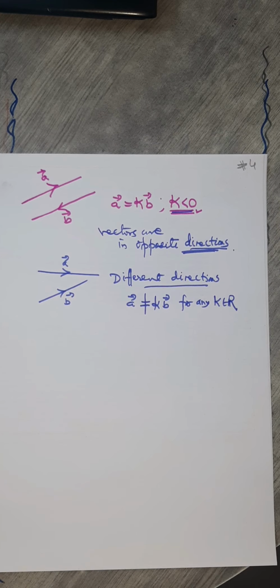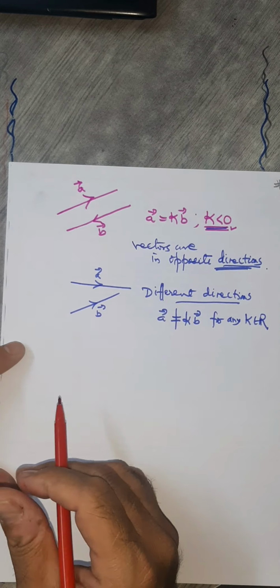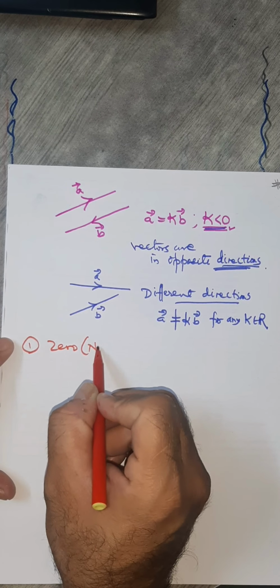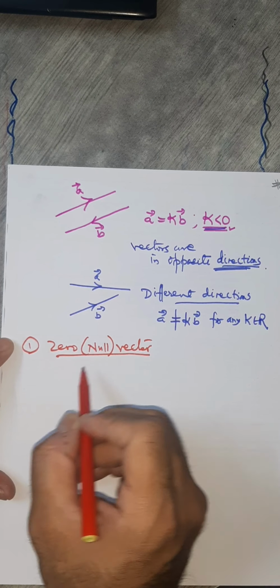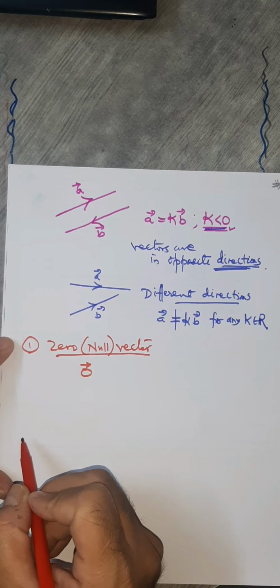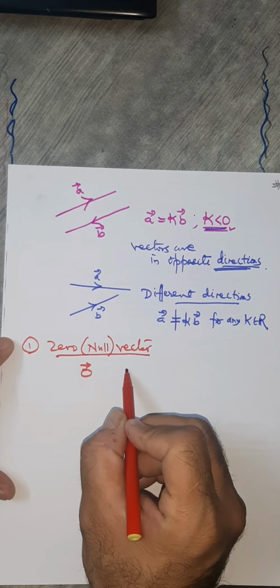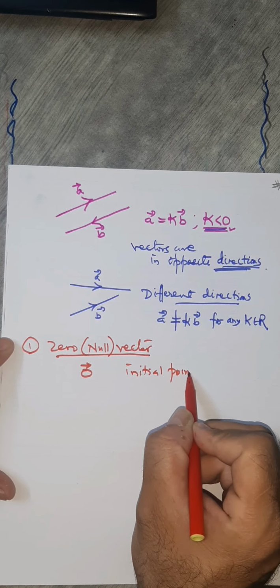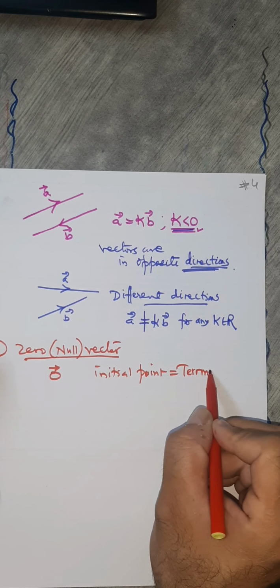Now, here we discuss 2-3 standard types of vectors. One is the zero vector, that is also called the null vector. Zero vector or null vector is a vector where the initial point is the same as the terminal point.